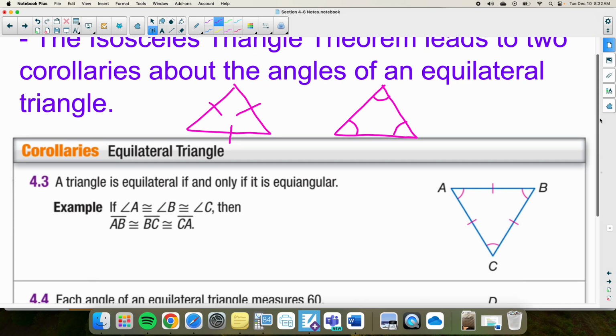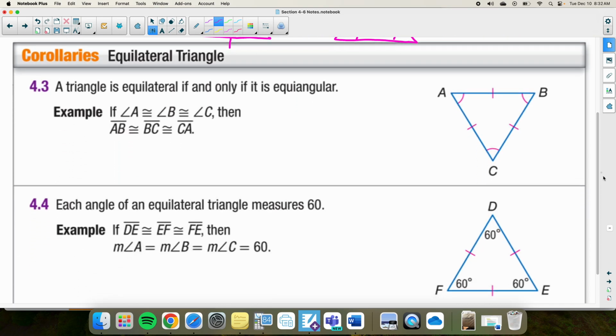Okay? Now let's go down here, and there's a theorem today that if you ever see a triangle that has all three sides congruent, you can automatically say all three angles are congruent. And then it works the other way. Because this is an if and only if theorem or corollary, that means that it works both ways.